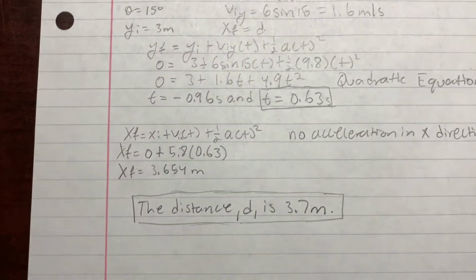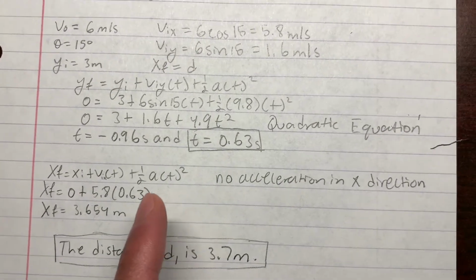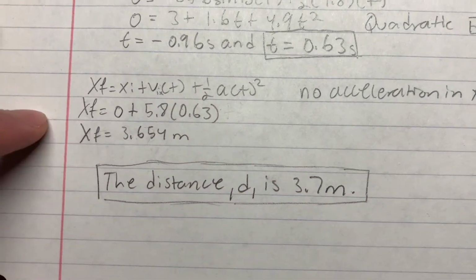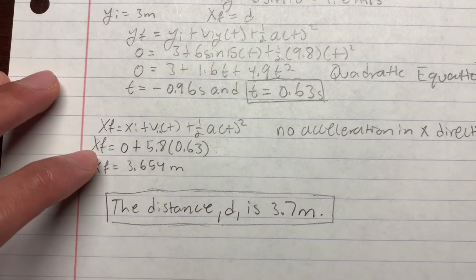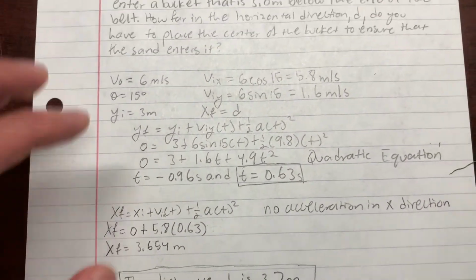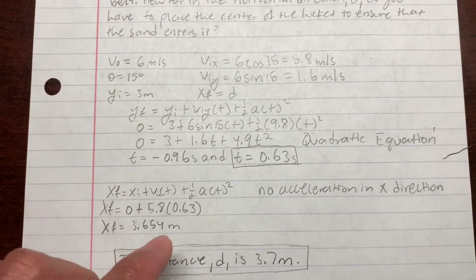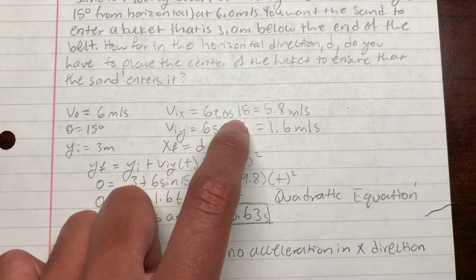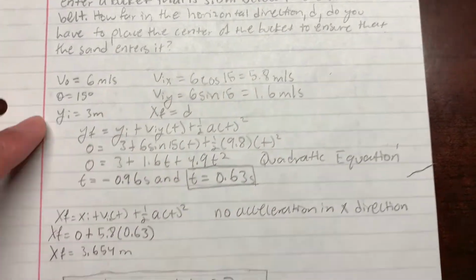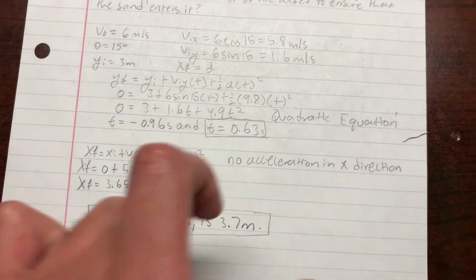Keep in mind that in the x direction there is no acceleration, so a is 0. And x final, which is the distance D we are trying to find, equals 0, since the starting x position is 0, plus 5.8 meters per second, the initial velocity in the x direction we calculated as 6 cosine of 15, times the time we found, 0.63 seconds.